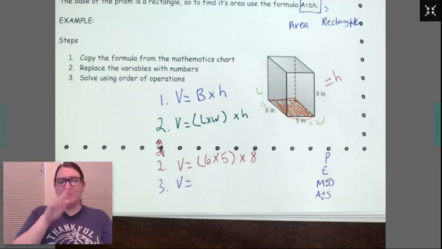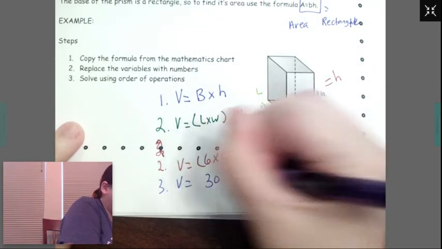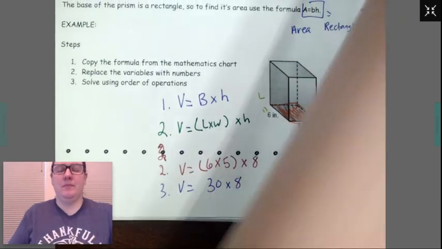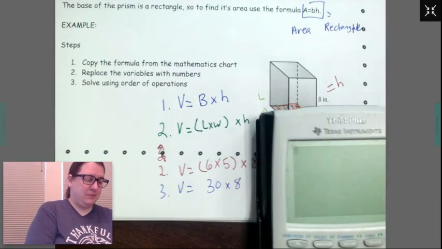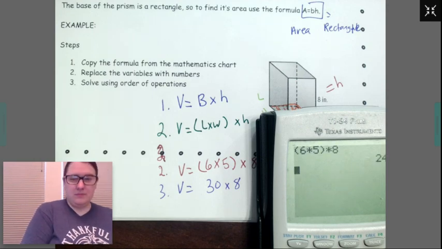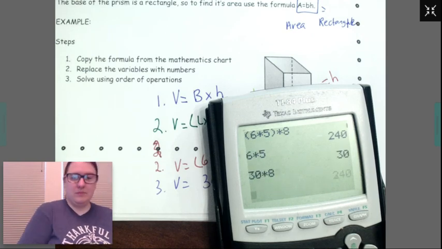Parentheses, 6 times 5, which is equal to 30.